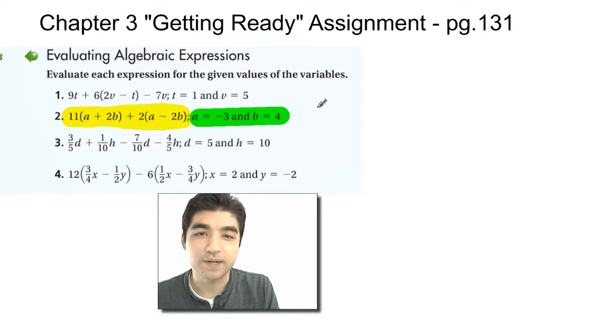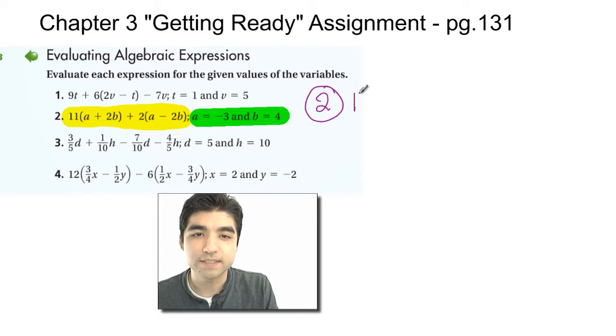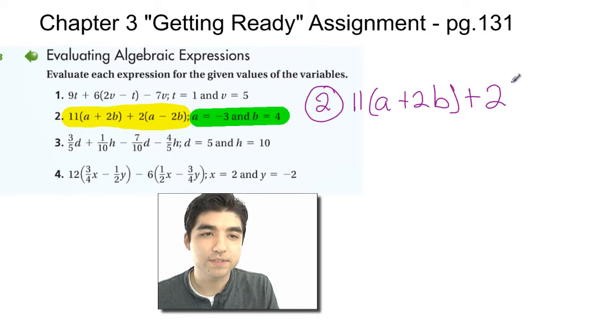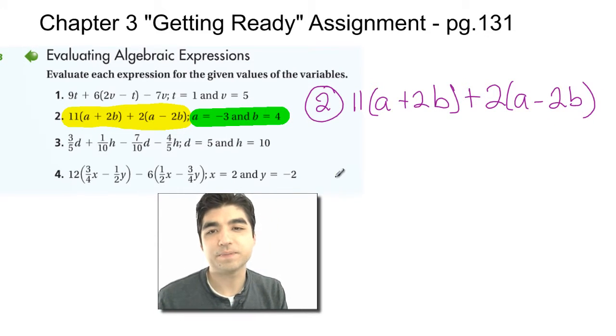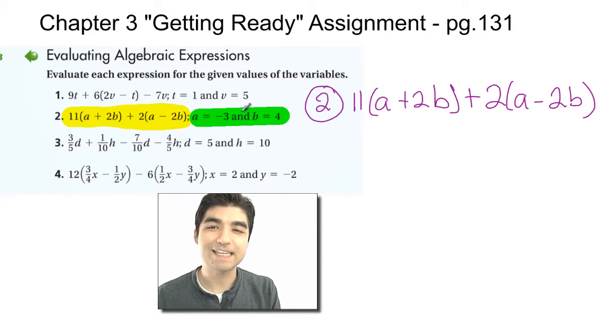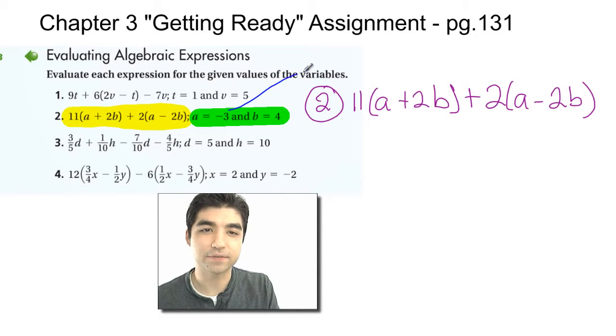So I'm going to do number 2 here. This one is 11 times the quantity A plus 2B, and then plus 2 times the quantity of A minus 2B. Again, we have to take these variables like -3, and everywhere you see an A, we're going to put that -3 in there.